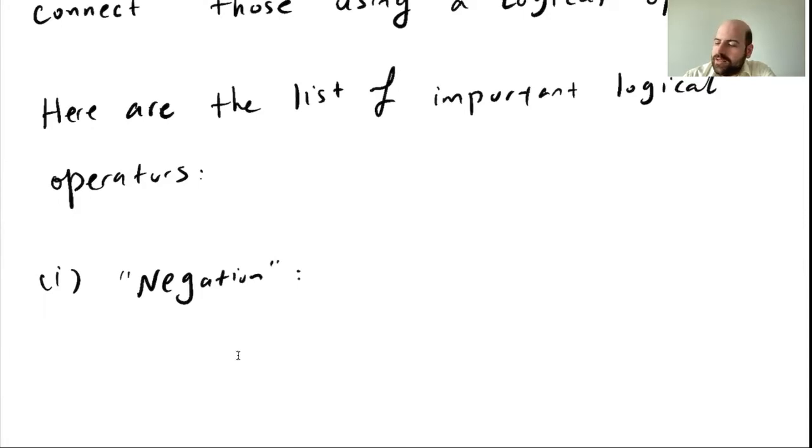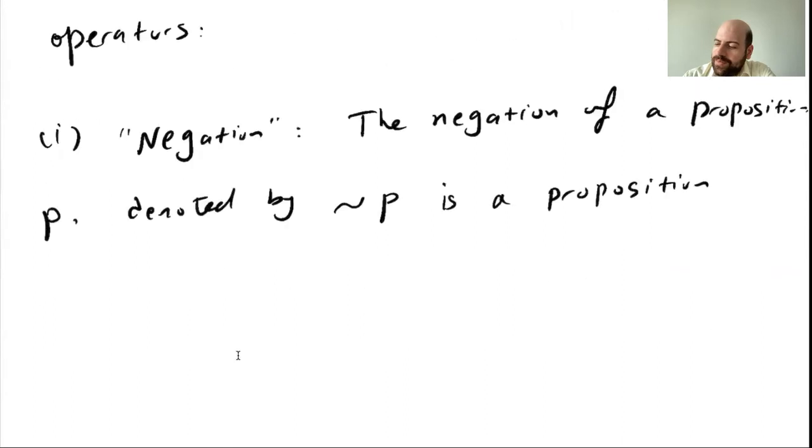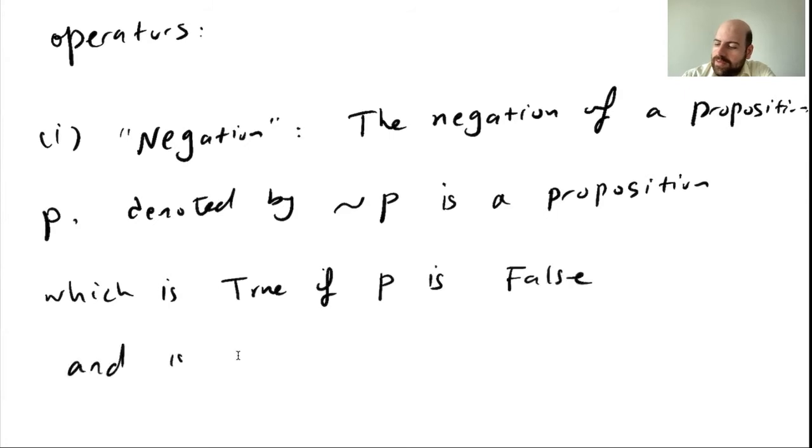The negation of a proposition P, denoted by negation P, is a proposition which is true if P is false and is false if P is true.